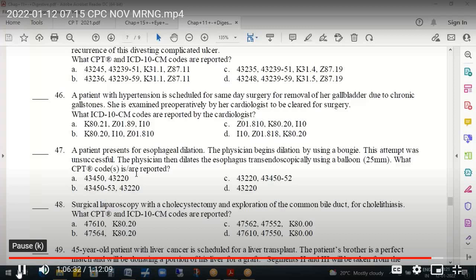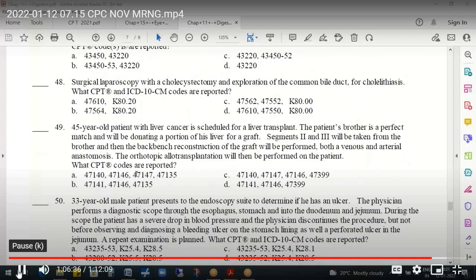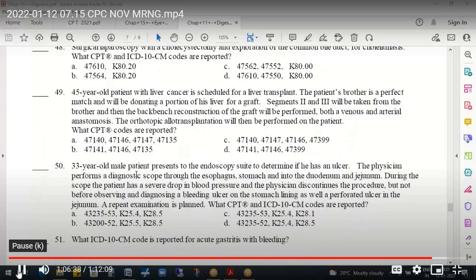How many questions in total? These seven questions you can practice.